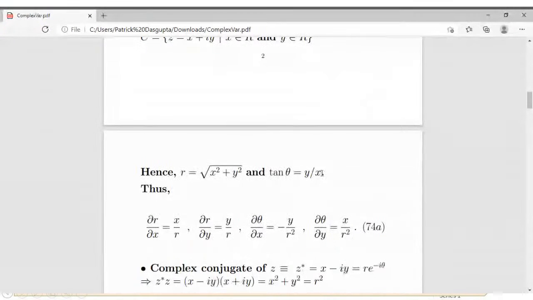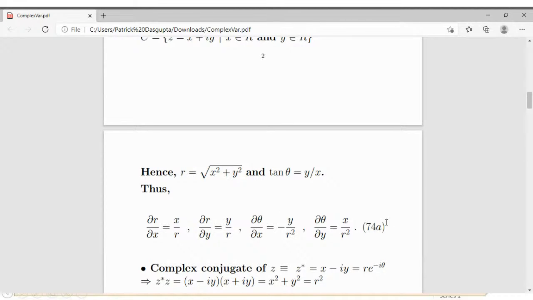And because of these, one can easily derive the partial derivatives of r and theta with respect to x and y. So I leave it to you to prove that these results are indeed true.